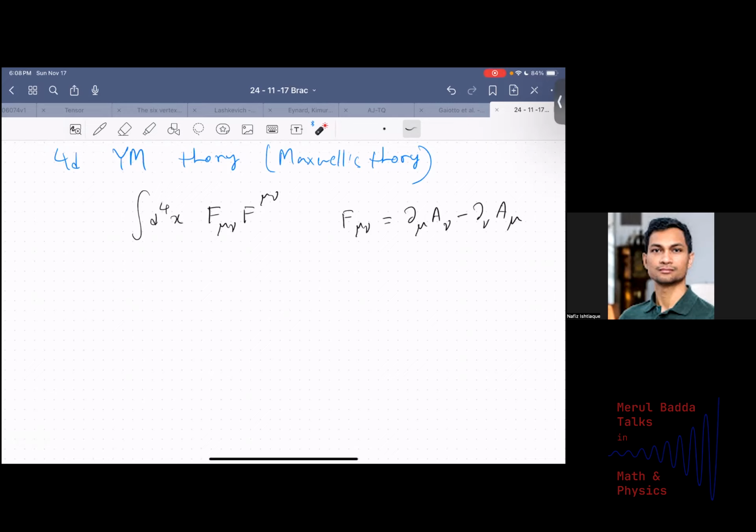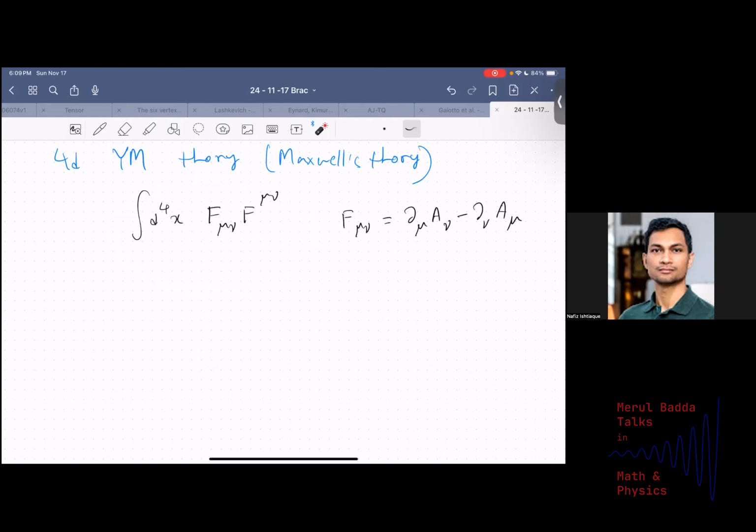Actually, before I talk about operators, what are the local operators of this theory? Any guesses? A_μ? That's true. Technically, yes. But you may object that A_μ is not a gauge invariant object, because it transforms non-trivially under gauge transformation.